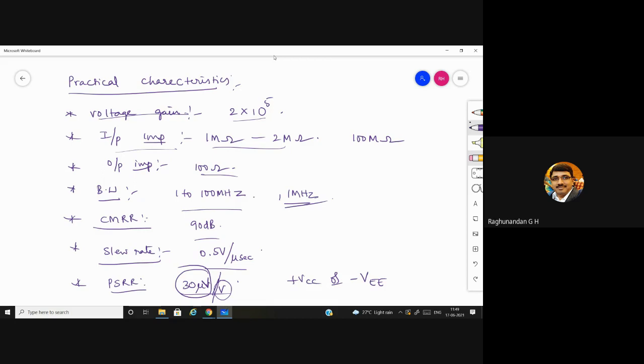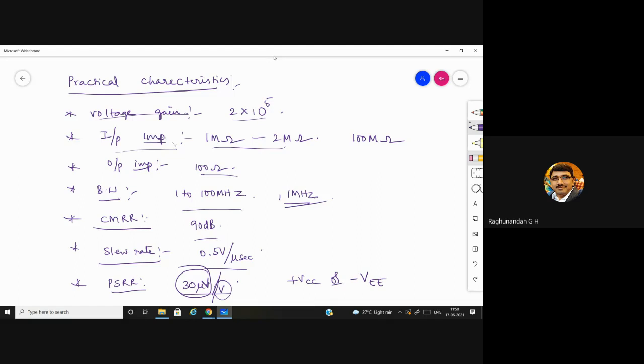By the next class we can finish off all these definitions, and then we'll start with the applications. There are 8 applications totally. Among the 8, 2 applications you will 100% get. Applications, in the sense that you have derivations and explanation.